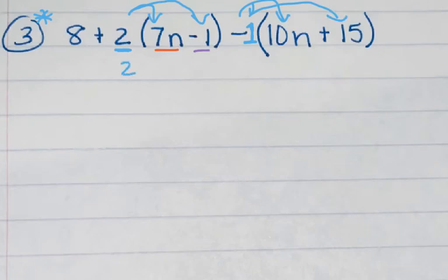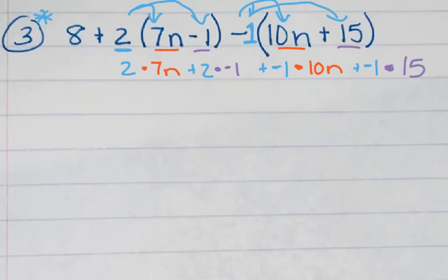So I get 2 times 7n plus 2 times a negative 1 plus negative 1 times 10n plus negative 1 times 15. And then you'll notice I still have this 8 out front that I have not done anything with.